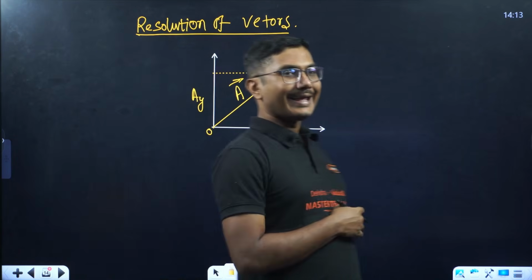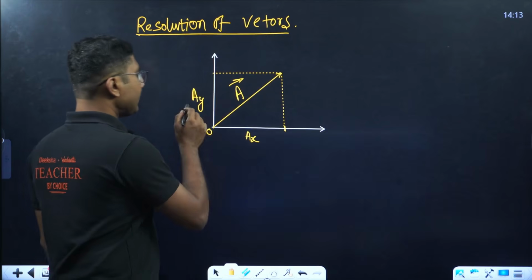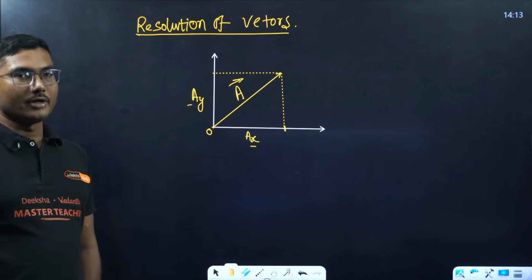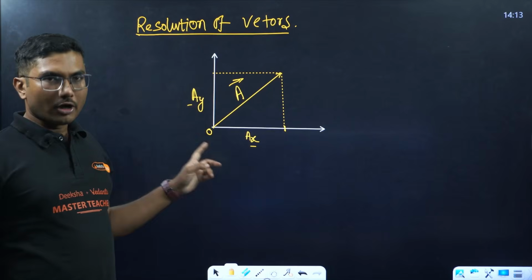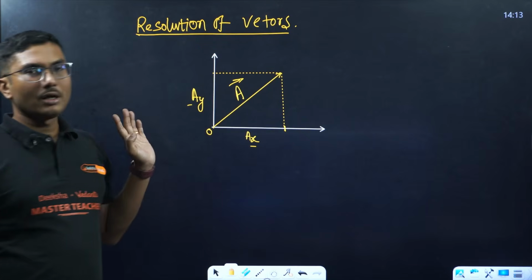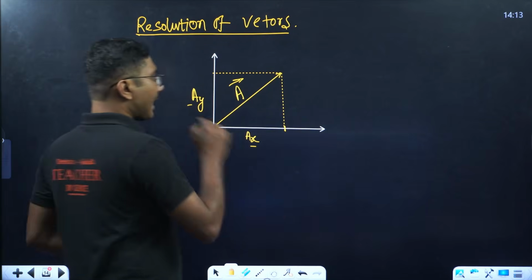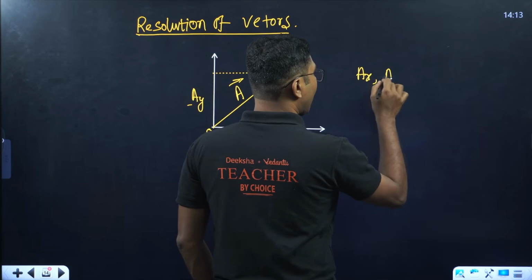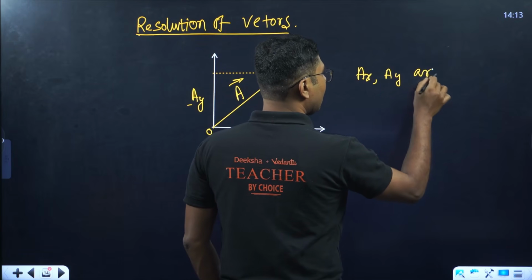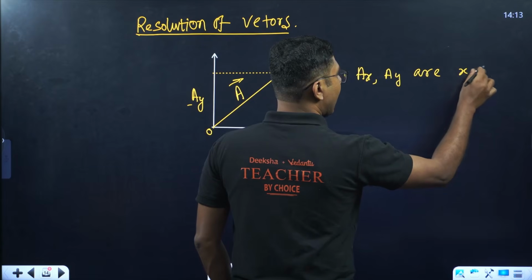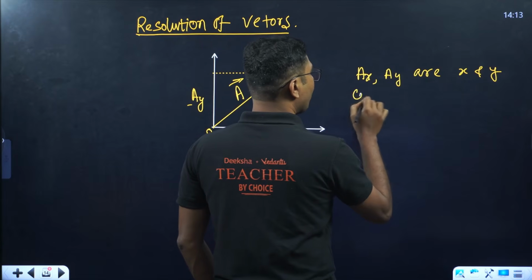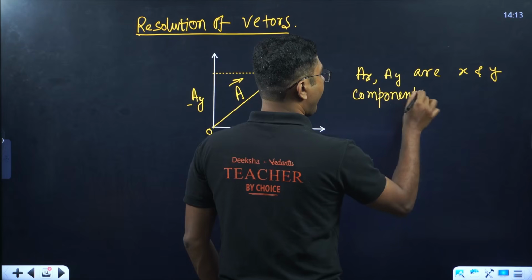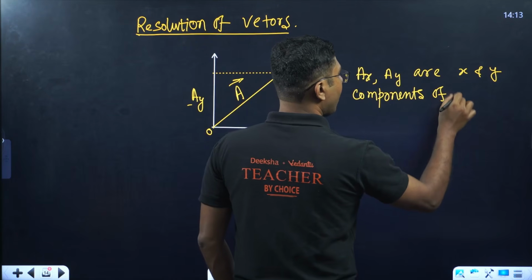So these two are called the resolution of vector A, or vector A resolved into x and y components. So ax and ay are the x and y components of vector A.